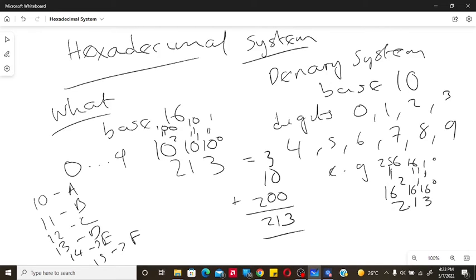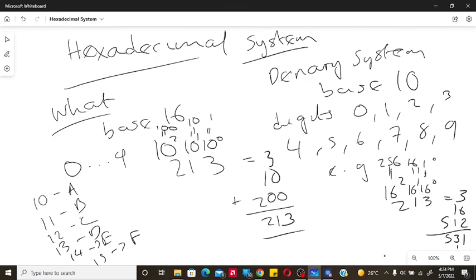So where you had that 213, it's actually representing a different value in the hexadecimal system, because here we're using base 16. So you can start multiplying 1 times the 3, and this gives you your 3 back. But here you use 16 times 1 and that gives you a 16, and use 2 times 256 and that gives you a 512. So 3 plus 6, that's a 9, plus 2, 11, 1, 1. 1 plus 1, that's a 2, plus another 1, that's a 3, and there you have 531.